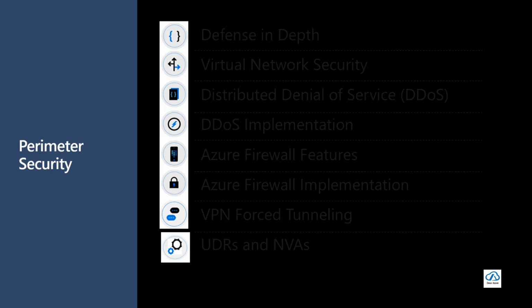How do we manage DNS? How do we manage or balance traffic across multiple servers? So that is something which I'll think about when I'm talking about virtual network security. As I said, from an infra class perspective, we know what virtual network is, but here we are more focused on the security aspect of this.